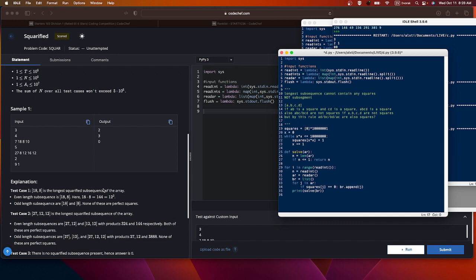So if we have something like 3, 12, 3, 12, we could take the 3 and we could take another 3, or we could take the 12.